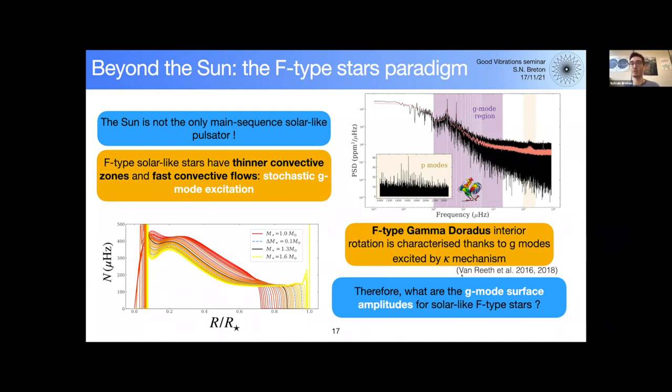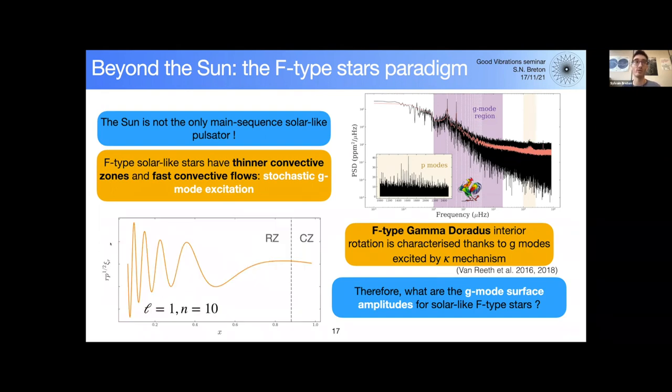Therefore, the question we want to answer is, what are the g-mode surface amplitudes for these solar-like F-type stars? Because for an example of a g-mode in such a star, you have an oscillatory behavior in the inner region, and when you go in the convective zone, you are evanescent, if you represent an eigenfunction of this mode.